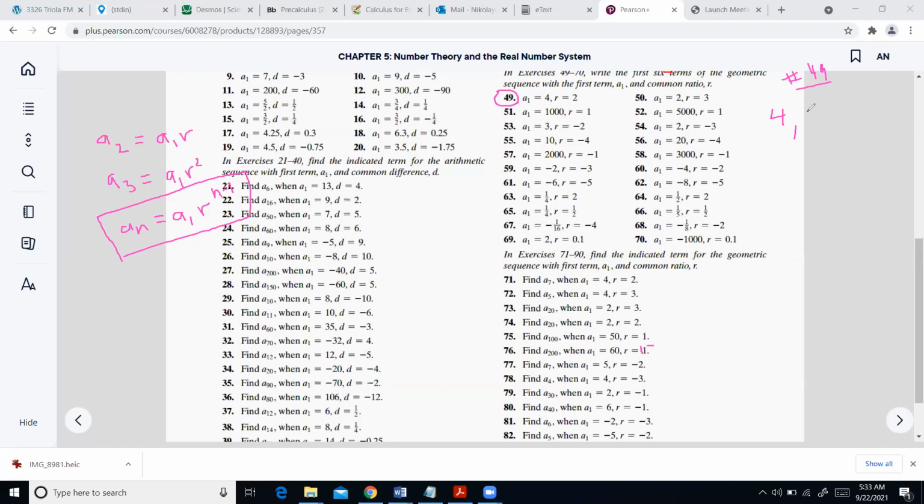So what would be the next term? 8, right? Multiply by 2 again is 16. Multiply by 2 is 32. Looks like those are familiar numbers. 64. Now I already wrote 5 of them, so one more will be 128. And yes, for homework, you can do problems on this page. That should be good enough, I think.